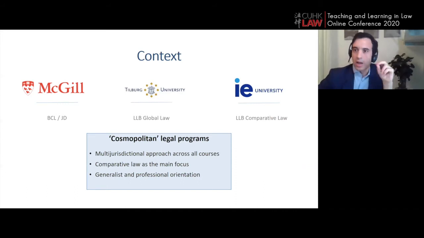And finally, I have to say that interestingly, some scholars say that even in civil law countries, this kind of cosmopolitan approach represents a return to the origins of legal teaching.